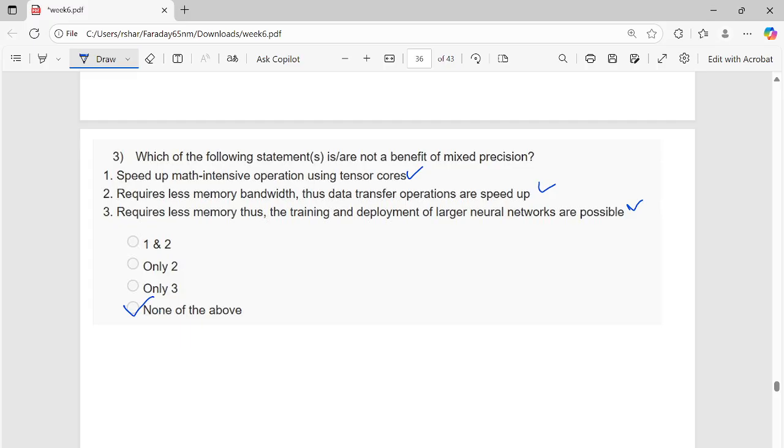This reduces memory bandwidth usage and speeds up data movement, which can be a bottleneck in training. It requires less memory, thus training and deployment of larger networks are possible. This is also true since float 16 values take up less space, GPU memory usage is reduced, enabling training with larger models or bigger batch sizes on the same hardware. So all three are correct.